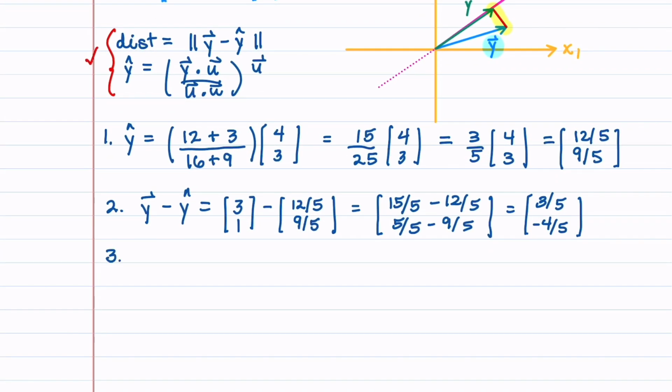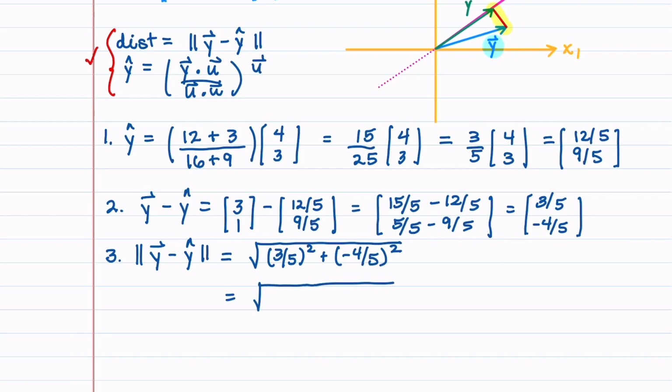Our third step is we're going to compute the magnitude of y minus y hat. This is going to be the square root of our first component squared. So this is 3/5 squared, plus our second component minus 4/5 squared.